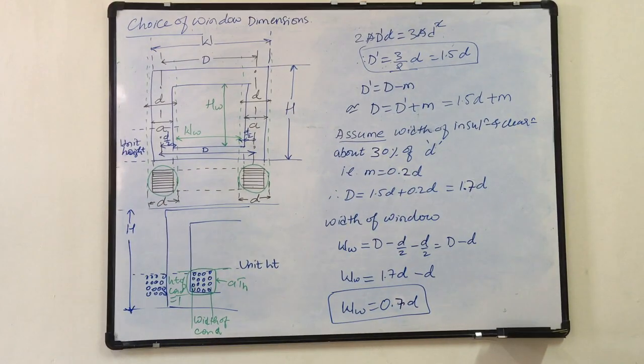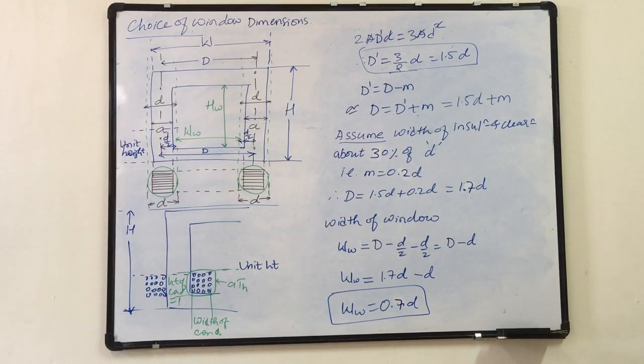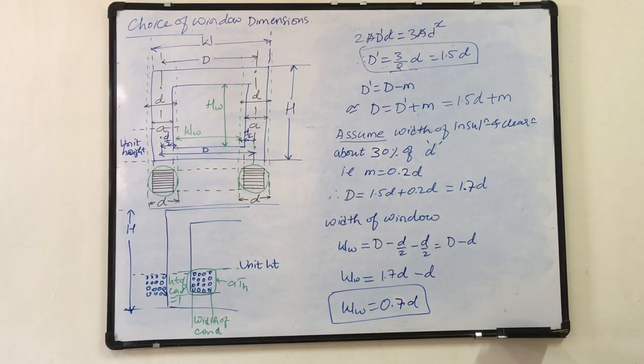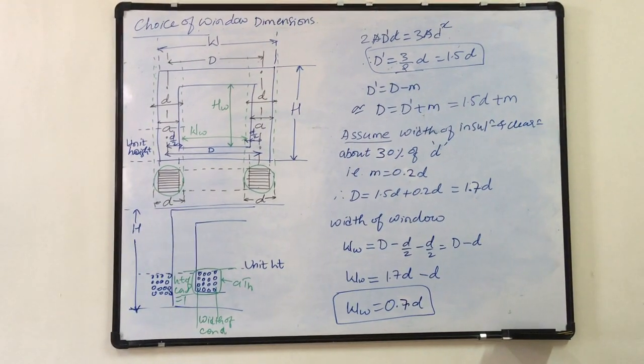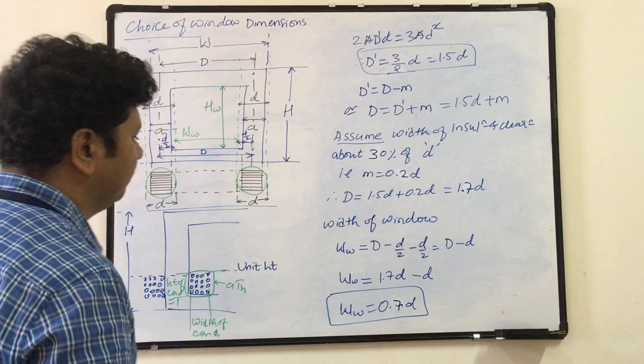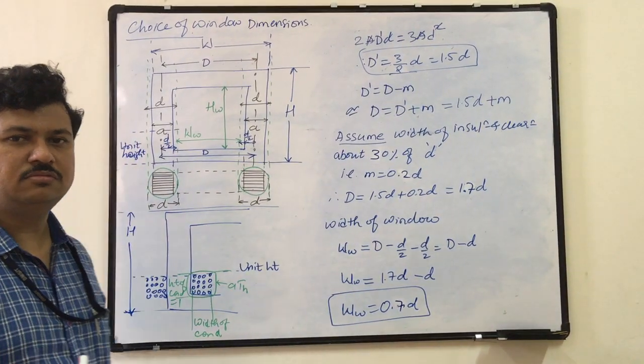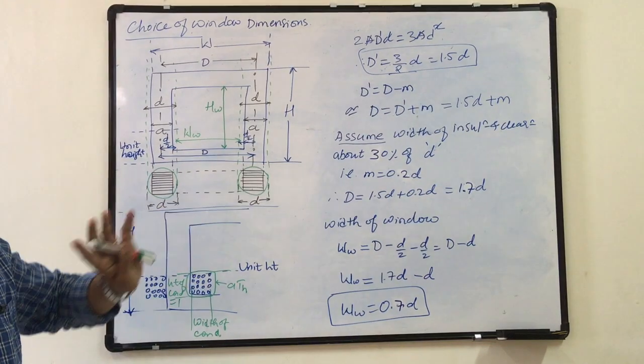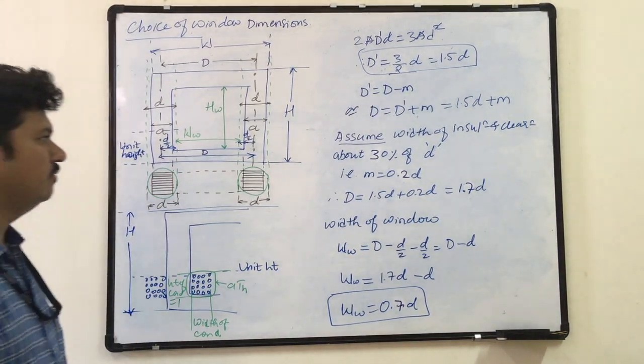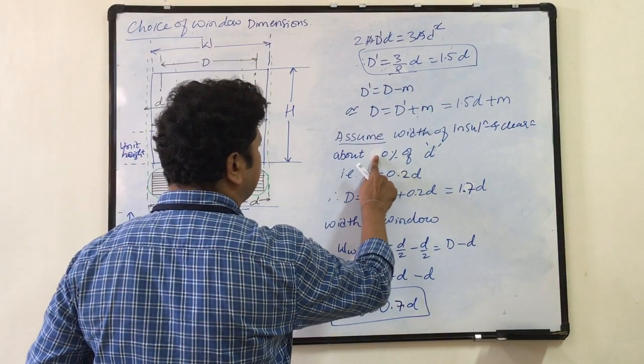If it is asked to show that for the maximum output of the transformer the optimum width of the window is 0.8 into d, then there you have to consider 30%. Here you should consider 30% instead of 20.